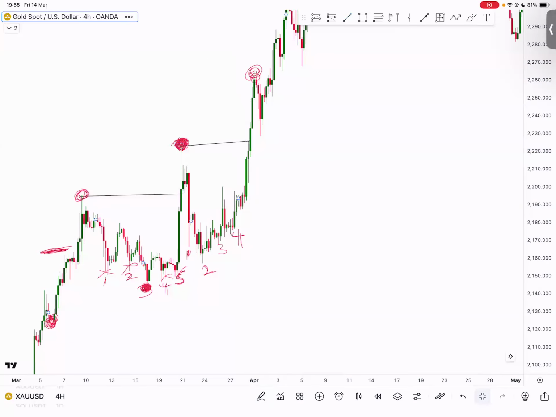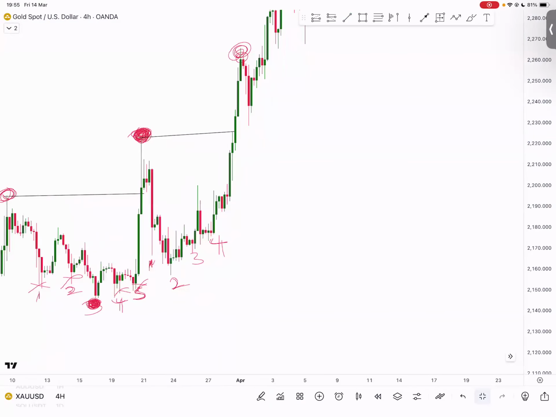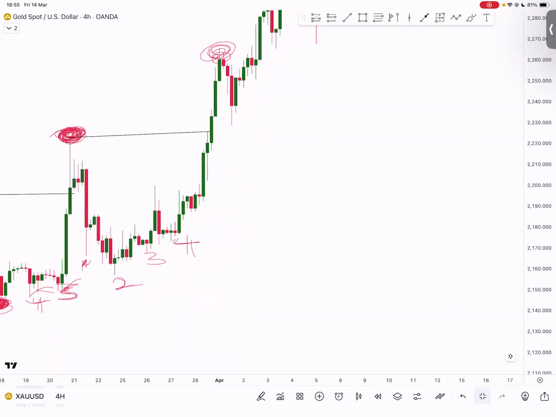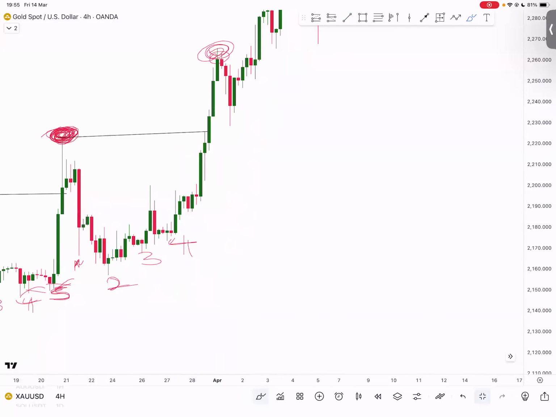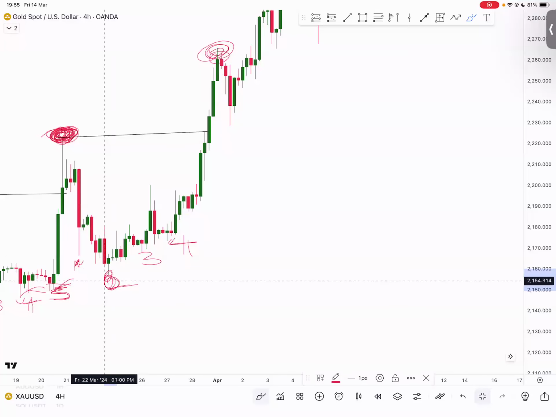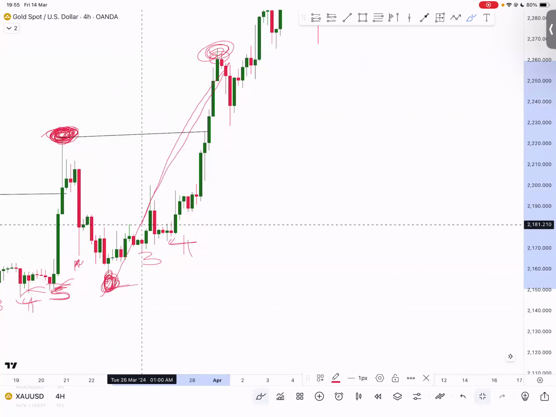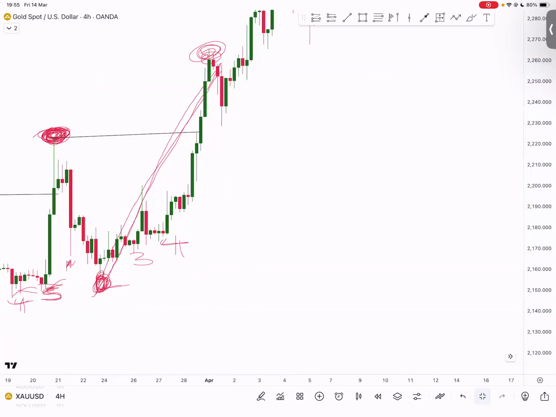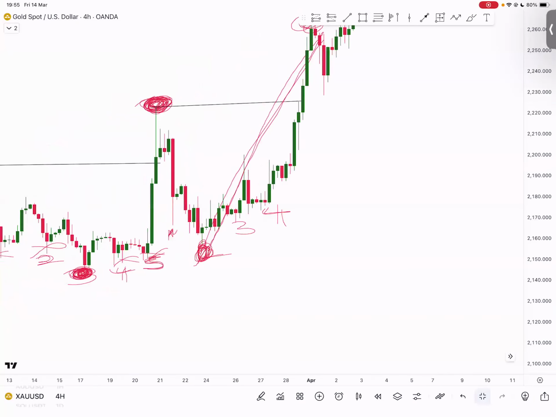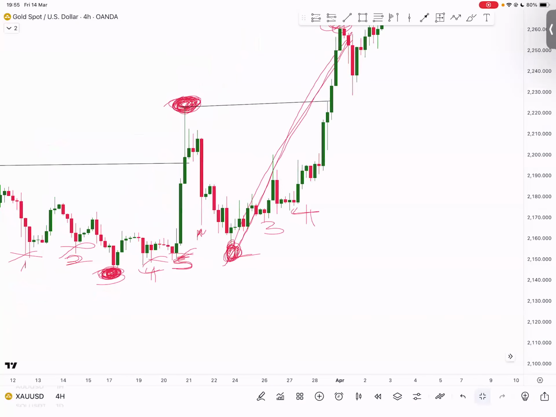So which of these lows is your valid higher low? It is the lowest of them all, which in this case is low number two. This is the lowest point that price got to before creating a new high. So whenever you're mapping market structure, it should be the highest point that price gets to before a new low, and the lowest point that price gets to before a new high.